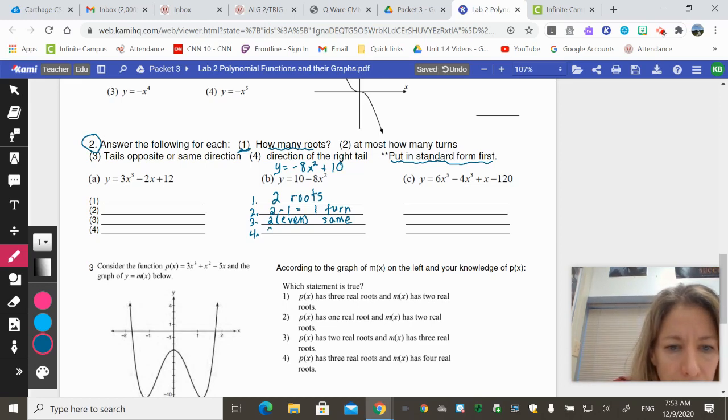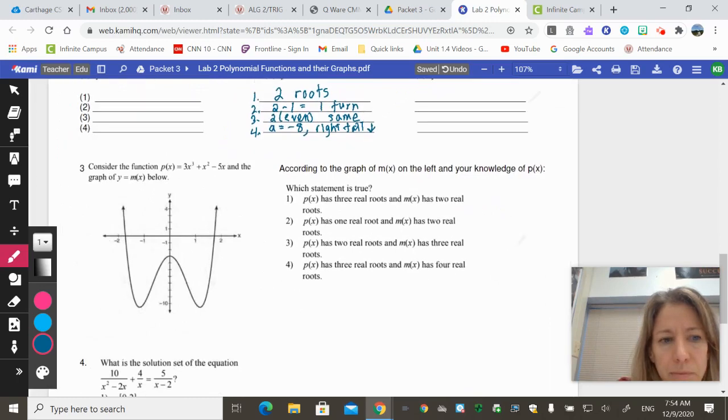Well, since our A value, our lead coefficient for this one is a -8, the right tail is going to go down. So I'm just going to write right tail down. And I can just draw a down arrow, or you can write the word down. But so basically, this is what you're answering for 2A and 2C. Okay, so you're going to finish that one on your own.